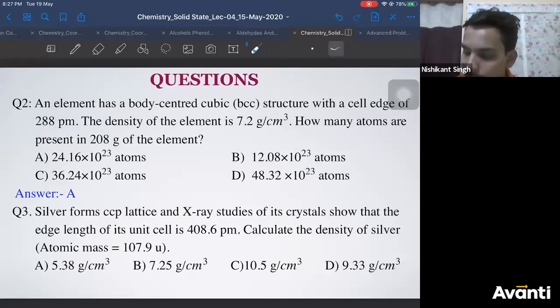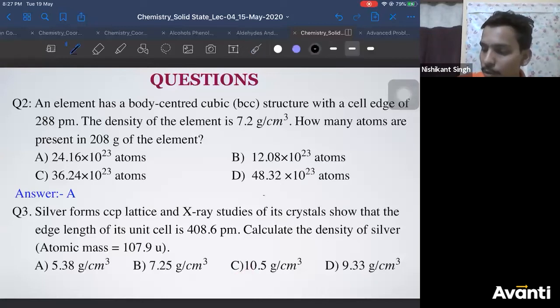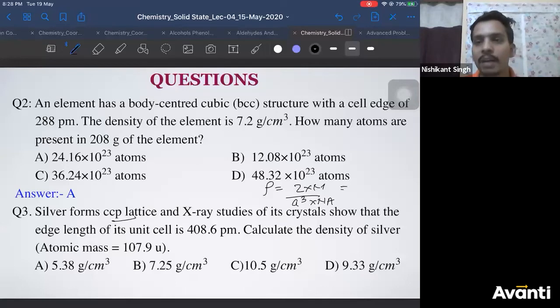Now the correct answer, as answered by many of you, is C only. Very good. C is correct. This is quite an easy question. You have to use the formula density = Z into M by a cube into Na. It is given CCP, and CCP means FCC, so the Z value for FCC is 4.